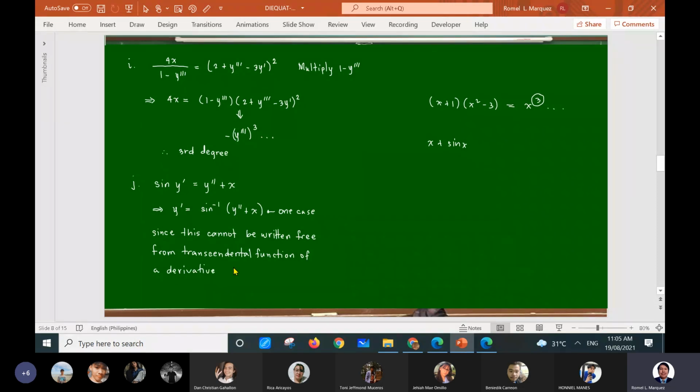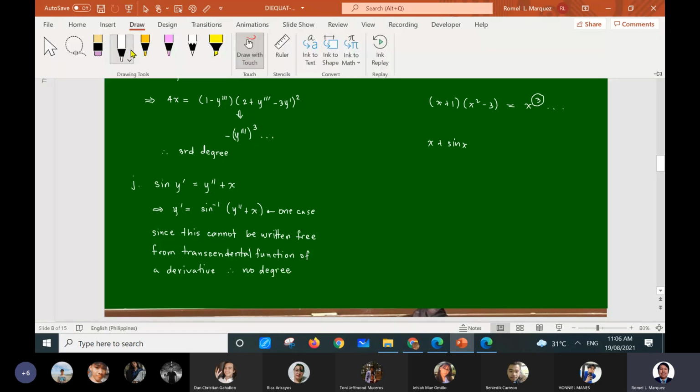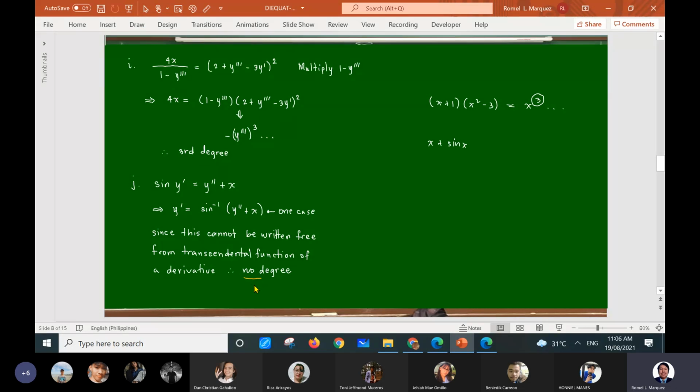So what's the degree, guys? We say that this has no degree. It is possible for a differential equation not to have a degree. You don't say 0 degree, huh? Meaning you cannot define the degree, no? No degree. Am I clear with this?